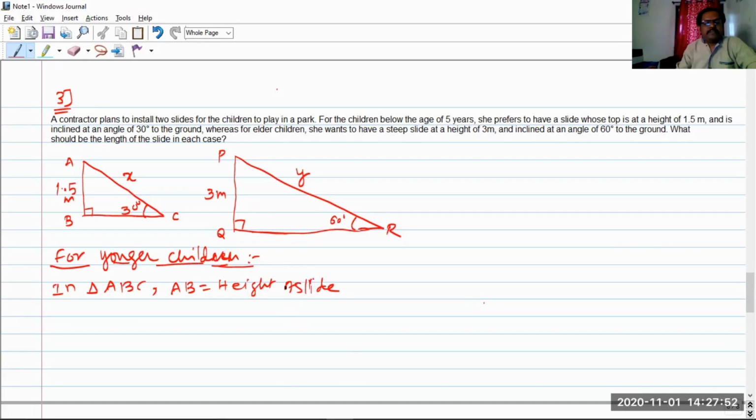Height of the slide. Then x is the length of the slide. We can say AC is equal to x, which is the length of the slide.